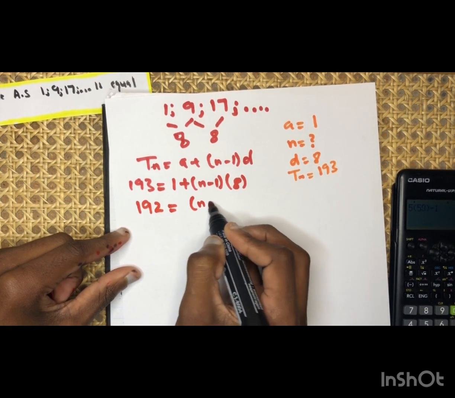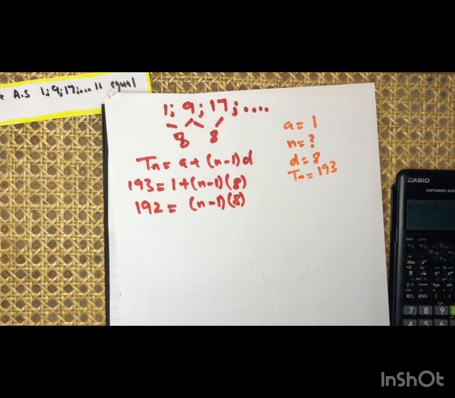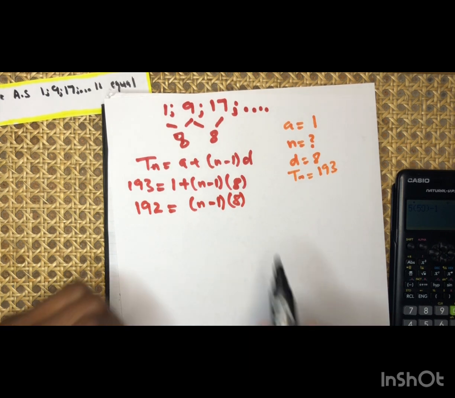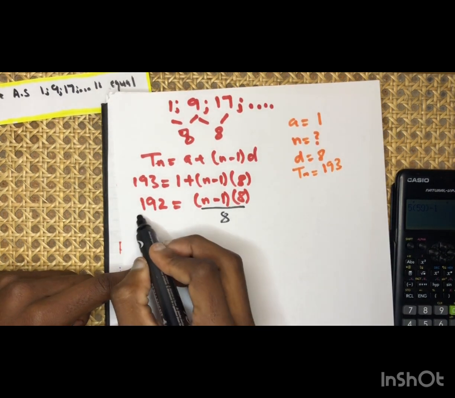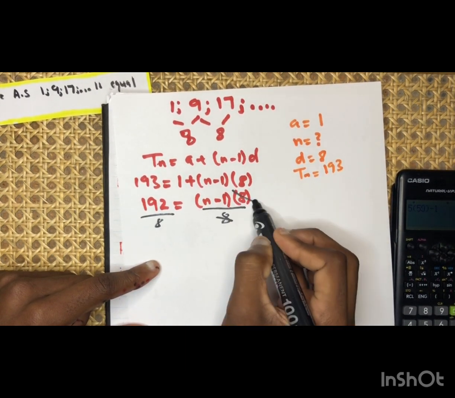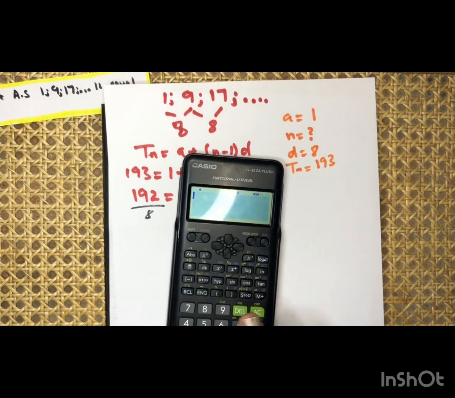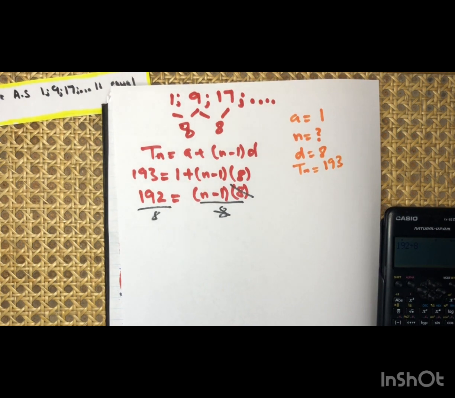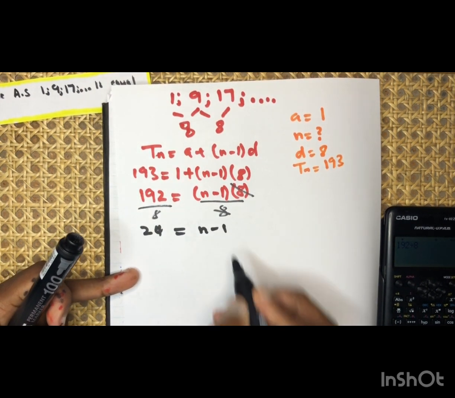Now we have n minus 1 times 8. Remember, it's simple now. So I'm going to divide both sides by 8. Or you can open the brackets. So this will cancel this one. So if I say 192 divided by 8, what do we get? We get 24. Which is n minus 1 equals 24.